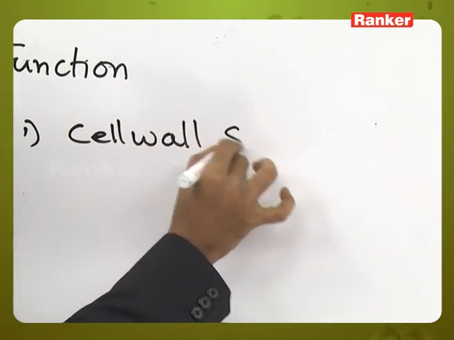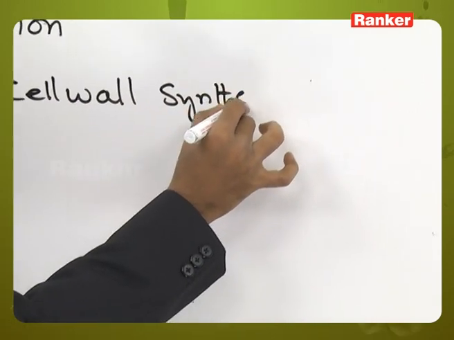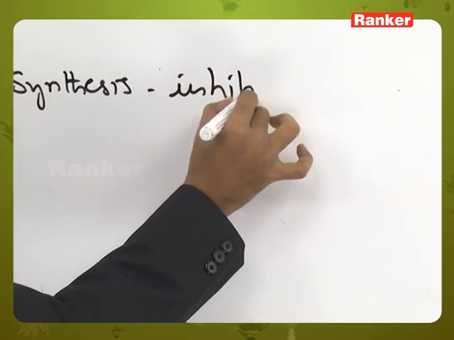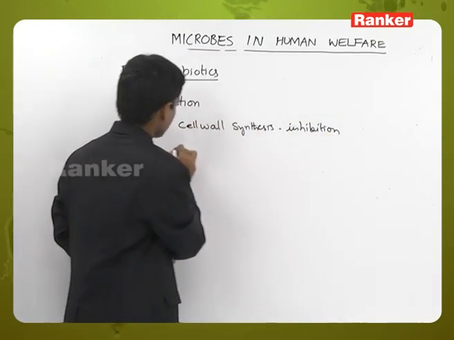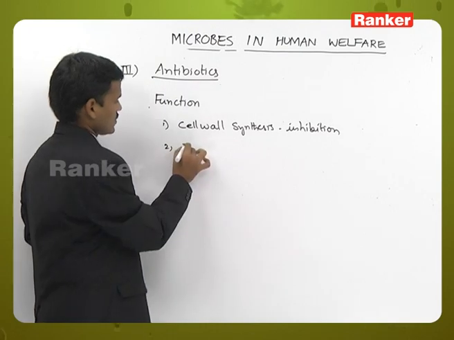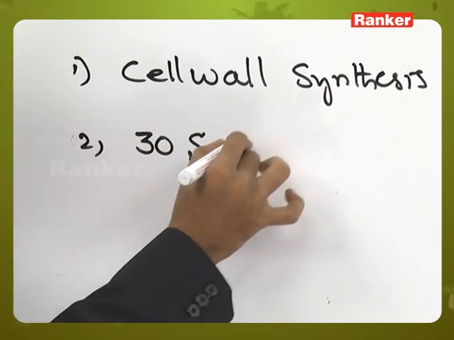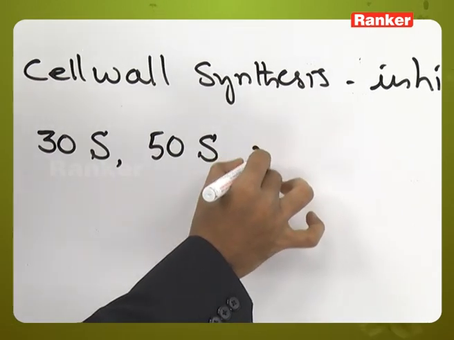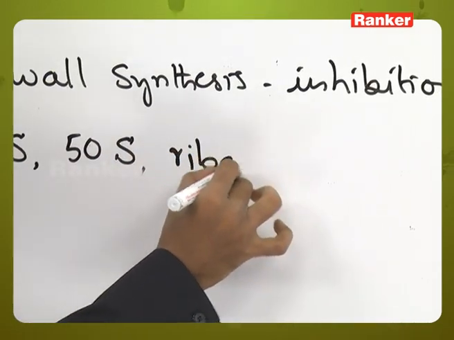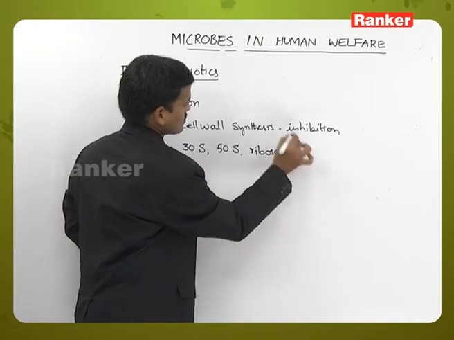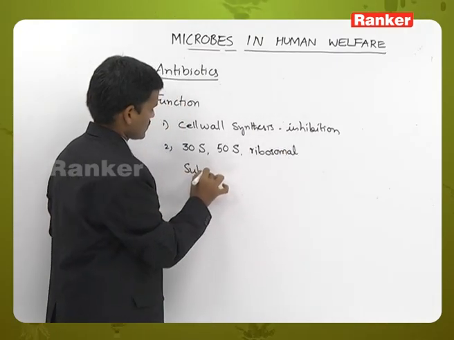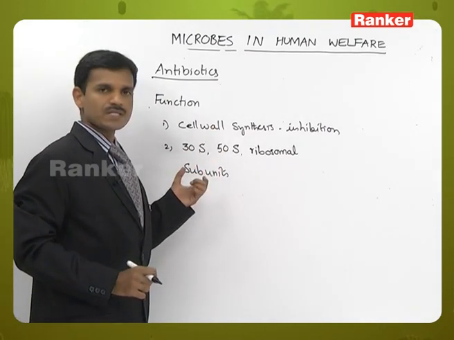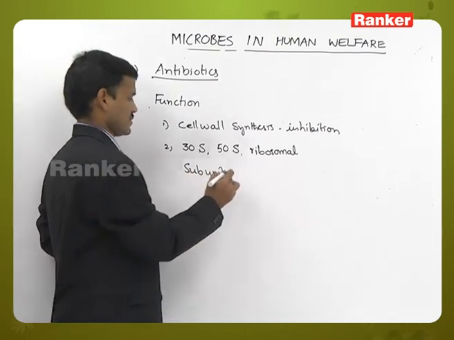Cell wall synthesis is inhibited. The 30S and 50S ribosomal subunits synthesis is inhibited.